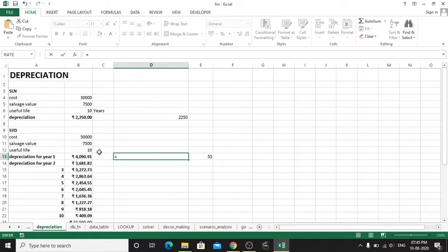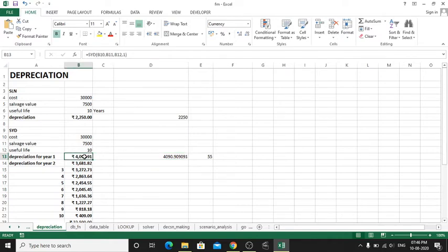We have the useful life as 10, so 10 divided by the total value, that is 55, into the cost value minus the salvage value. See, this is the value that we obtain after the year 1 depreciation.